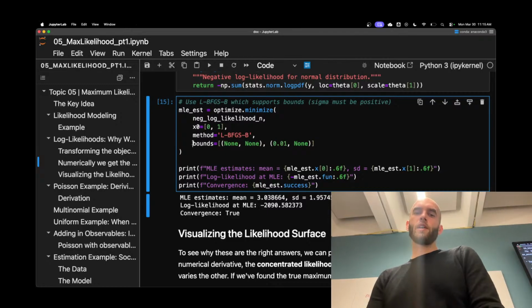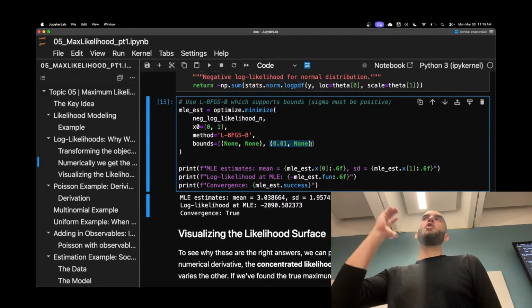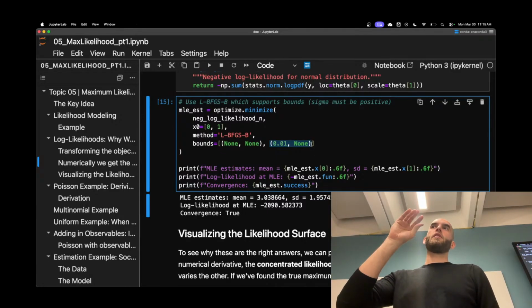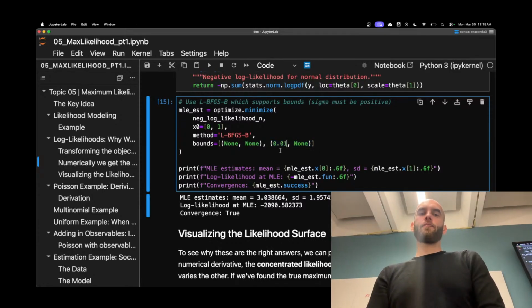And then what we want are some bounds. I don't need any bounds on the mean, but the standard deviation must be positive. So I'm imposing no upper limit on the standard deviation, but I'm requiring that it not be negative.